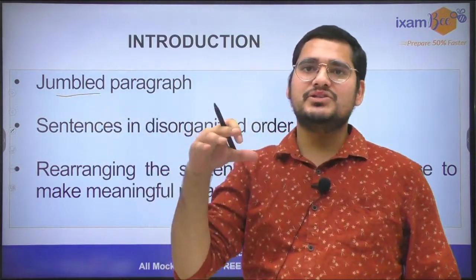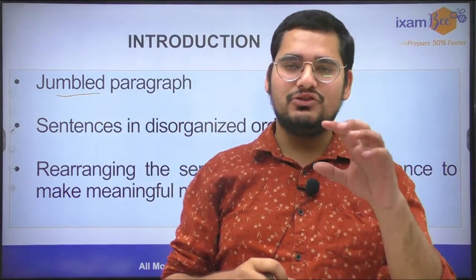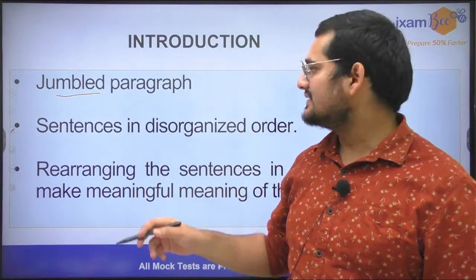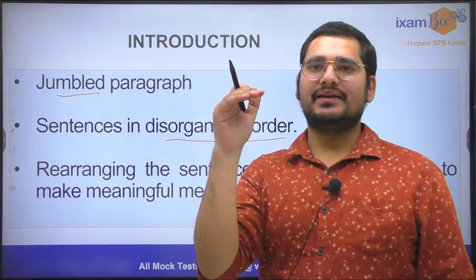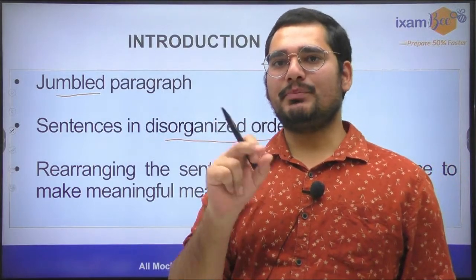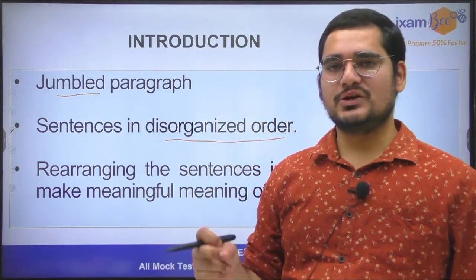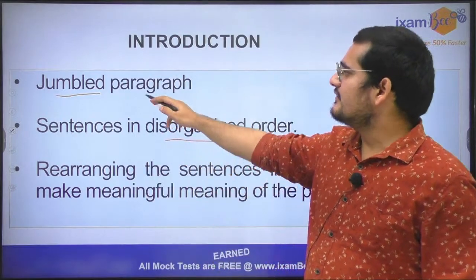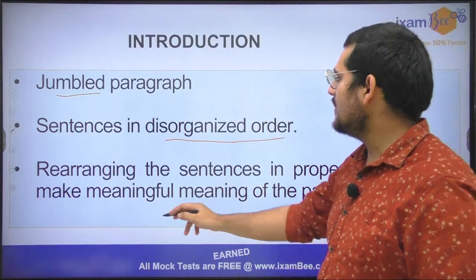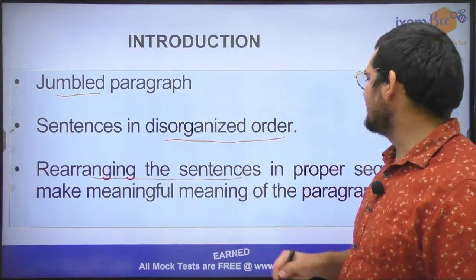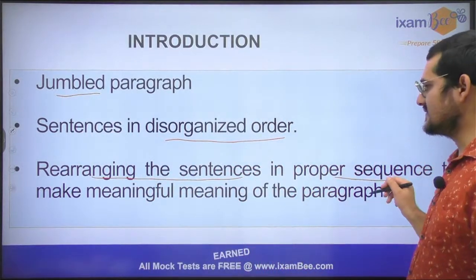By jumbled we mean what? That the sentences in that paragraph would be in a disorganized order, right? So the sentences in that paragraph wouldn't be provided in a correct form or in correct sequence, right? That means the paragraph would be jumbled. So what is your task now? Your task is to rearrange these sentences in a proper sequence, right?